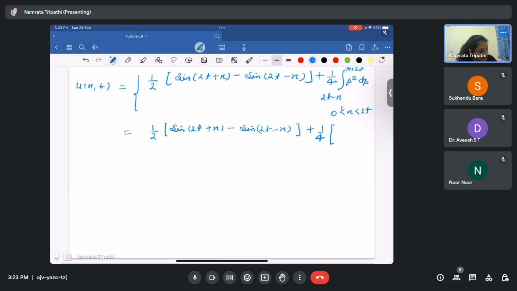So after substituting the upper limit, x plus 2t whole cube upon 3 minus 2t minus x whole cube upon 3, when x is from 0 to 2t, and the next expression is when x is greater than 2t.